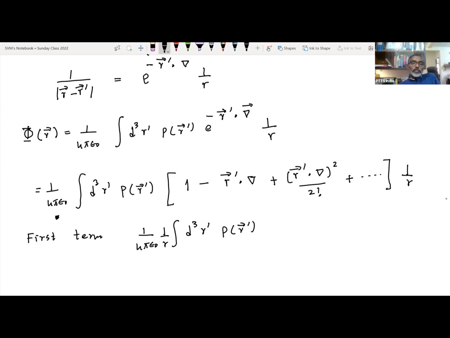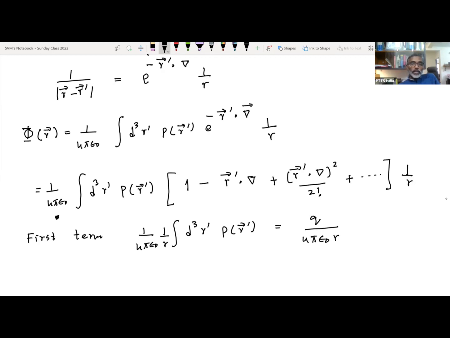But what is d3 r prime rho of r prime? This is charge density. Charge density integrated over the volume is total charge. So I will have this to be total charge Q divided by 4 pi epsilon naught.